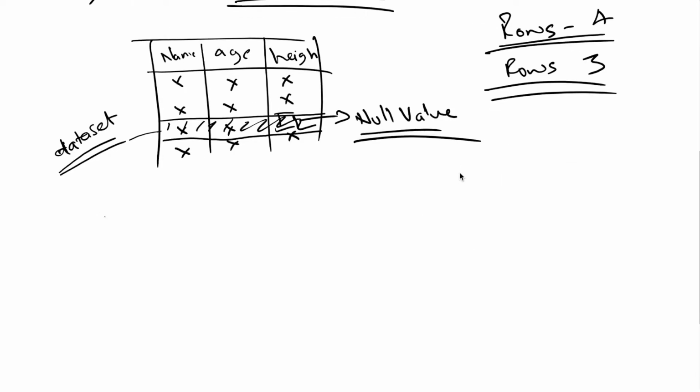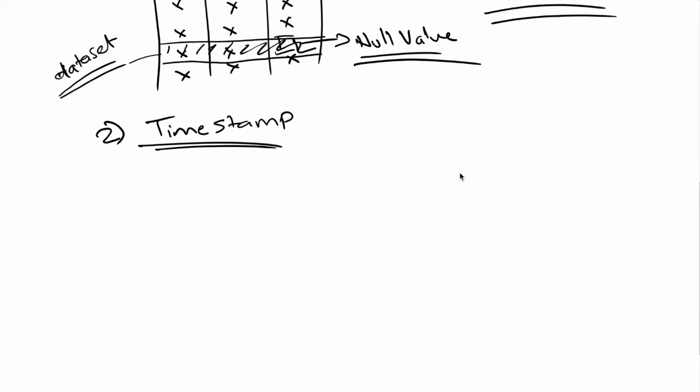The second type of data that you may encounter could be, let's say, timestamps. Now, what are timestamps? As a company, let's say you're working on some sort of time series analysis, or you're looking at a company's sales data.